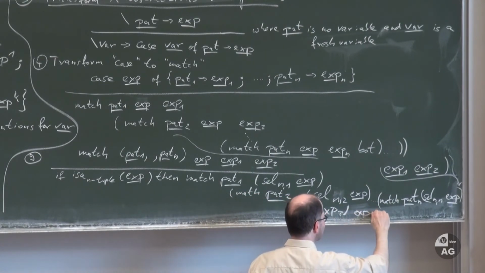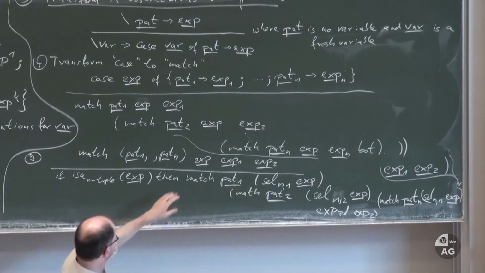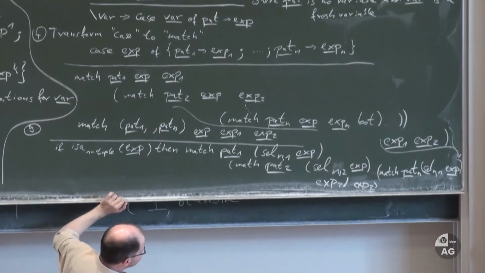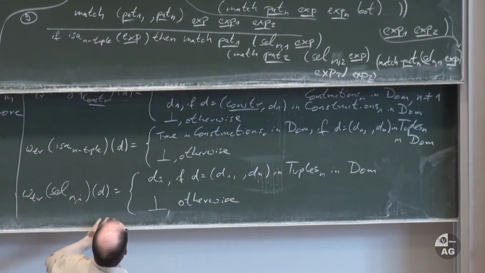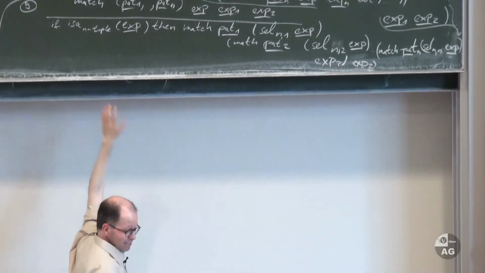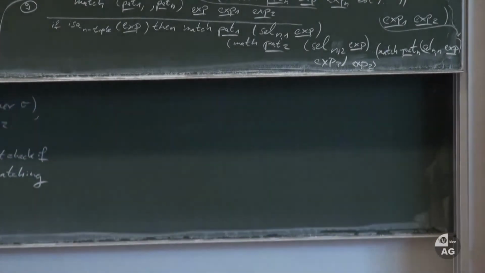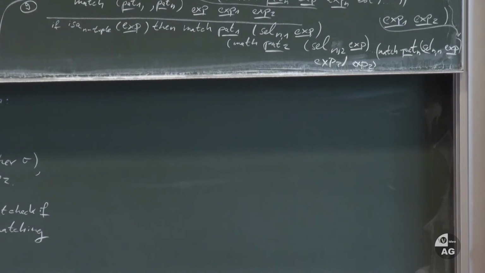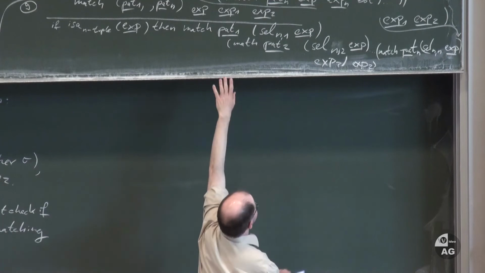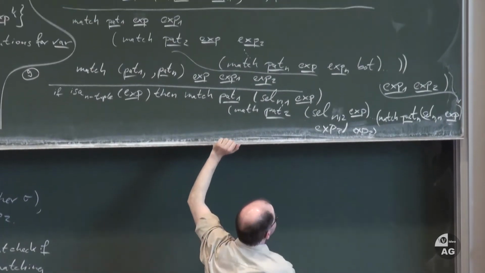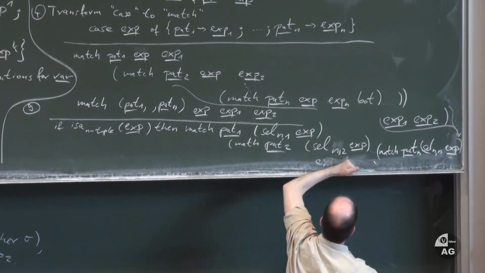So this looks a bit unreadable. The problem is that there's not enough space on this blackboard, so this was badly laid out. I apologize. To make this more readable, let's write this on the second blackboard.